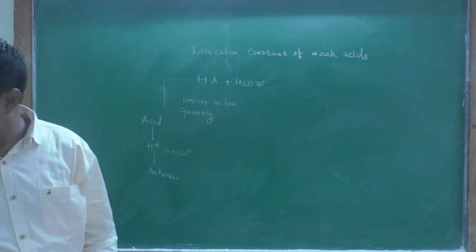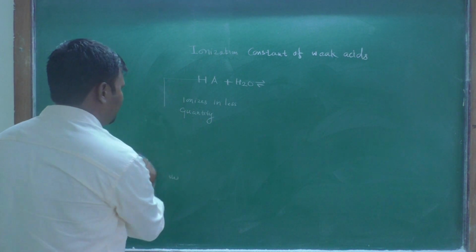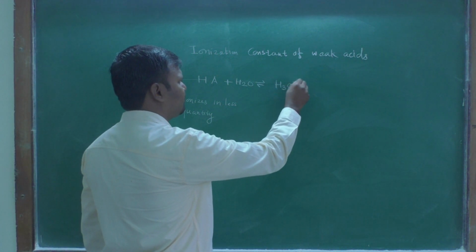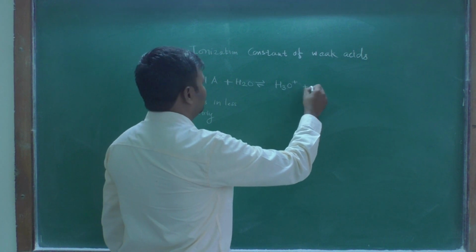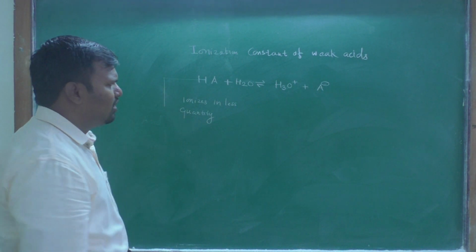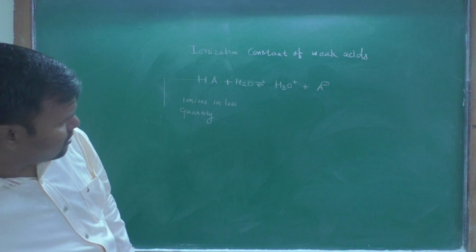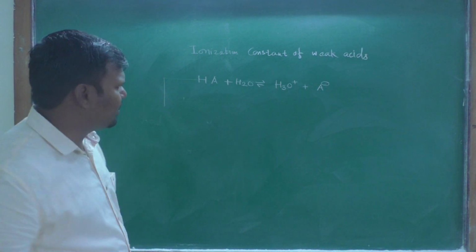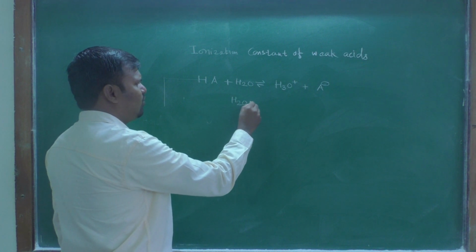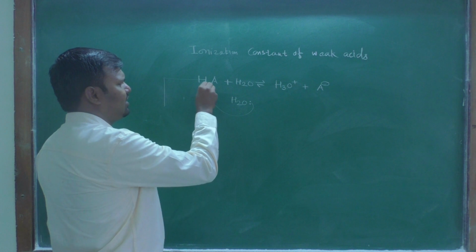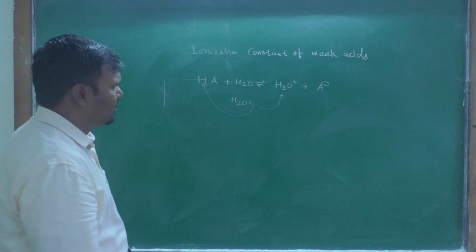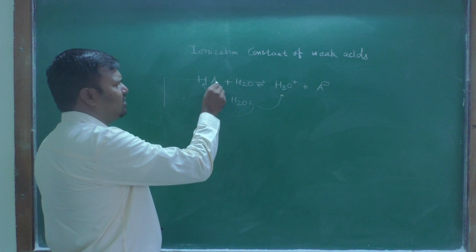We have the acid HA. It gives H plus, that is H3O plus, and A minus. Those ions it produces in aqueous solution. Here the lone pair of H2O accepts the H plus ion and converts it to H3O plus, and the other part is A minus.